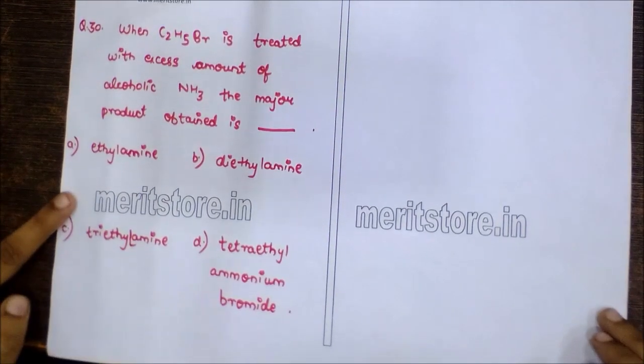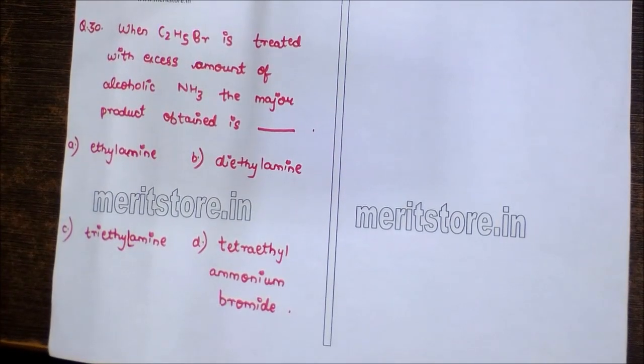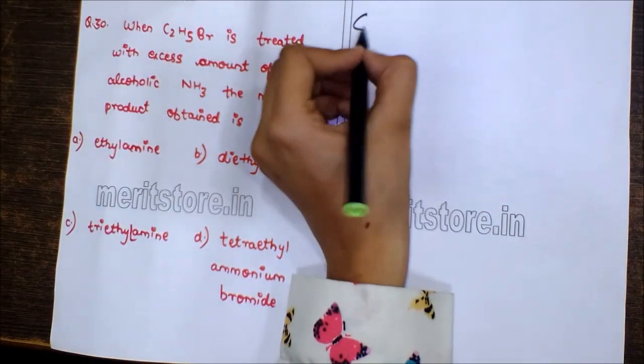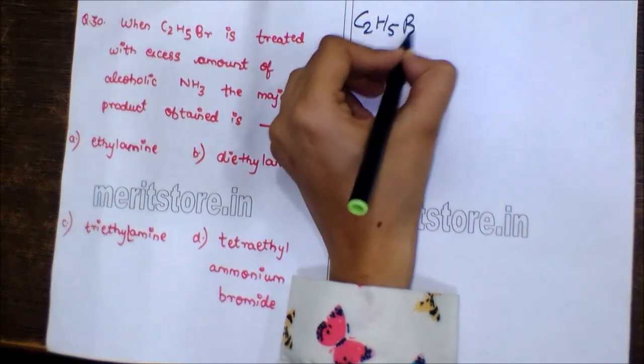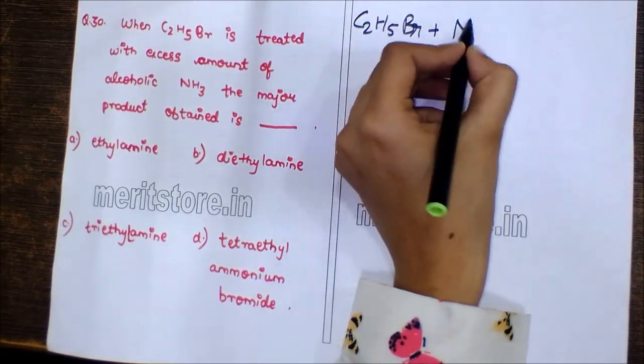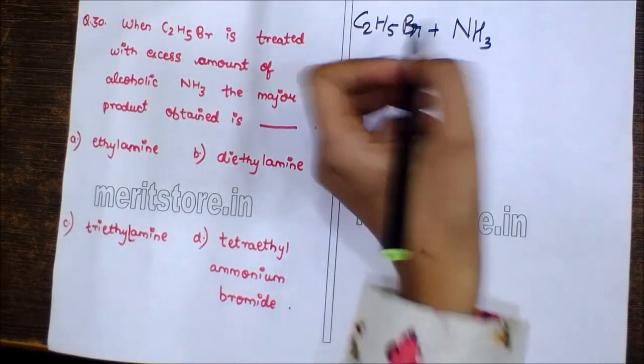Question 30. When C2H5Br is treated with excess alcoholic NH3, the major product obtained is A. ethylamine, B. diethylamine, C. triethylamine, D. tetraethylammonium bromide. So over here, let's first write C2H5Br. This is nothing but my ethyl bromide plus excess alcoholic ammonia.